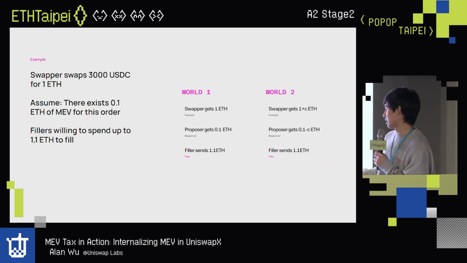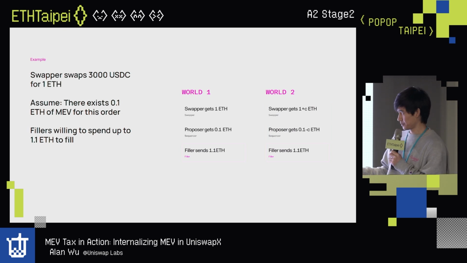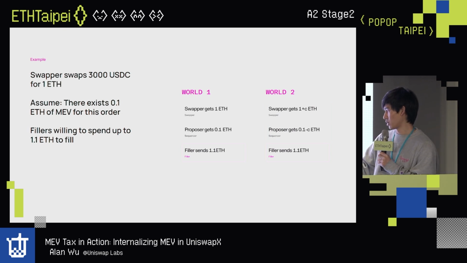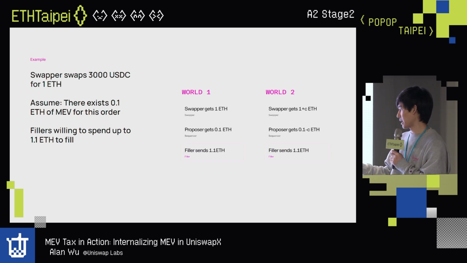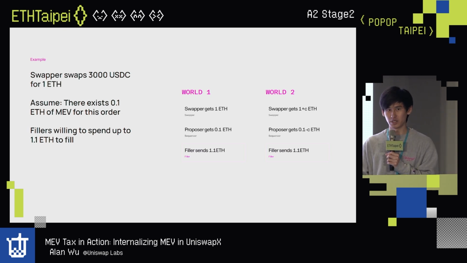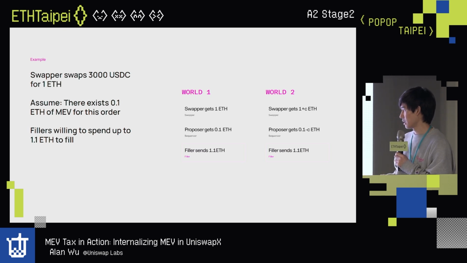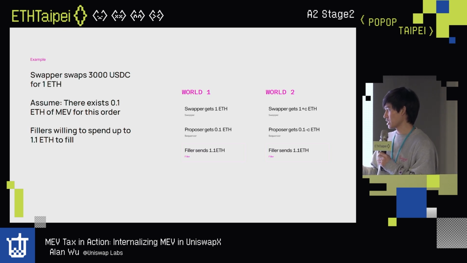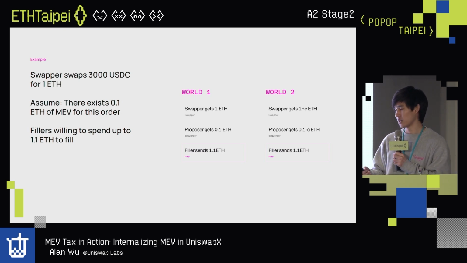Let's look at the first counterparty of the trade, the filler. So in both worlds, MEV tax or not, the filler is spending 1.1 ETH for this transaction to fill it. So in this case, this counterparty of the trade is indifferent to the world that they live in.